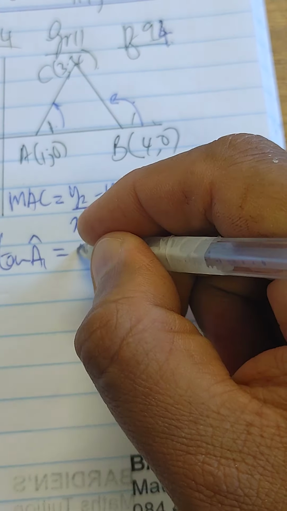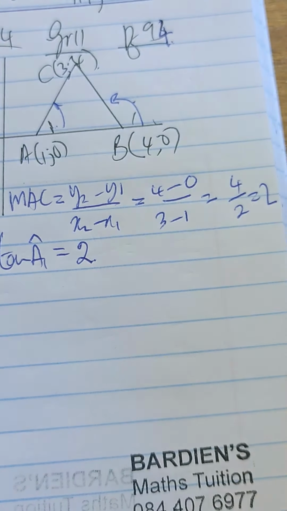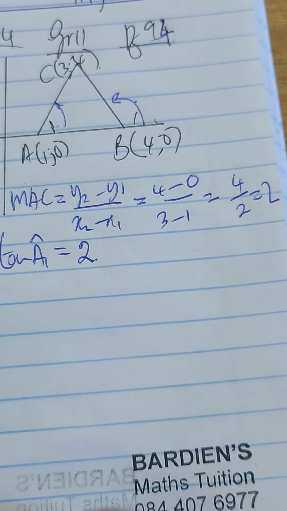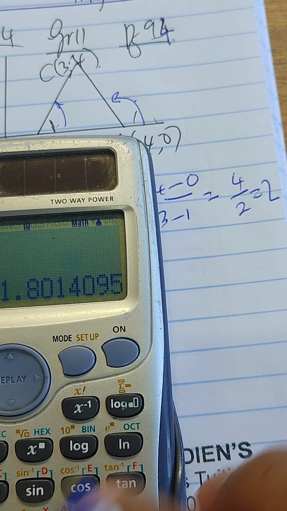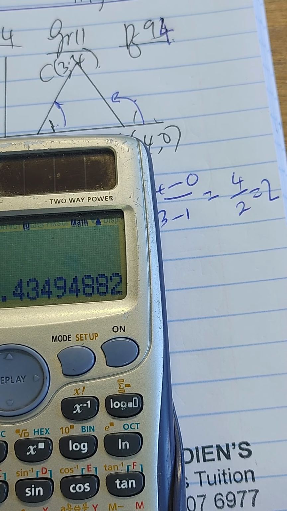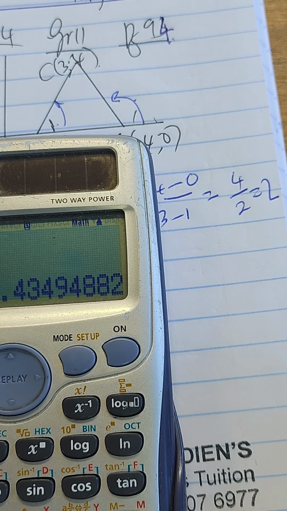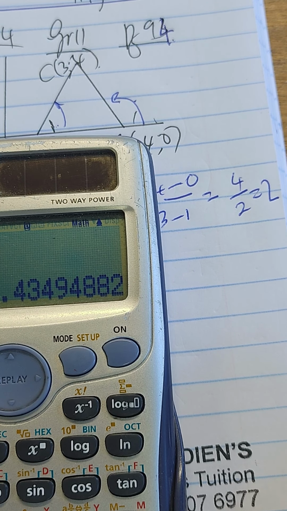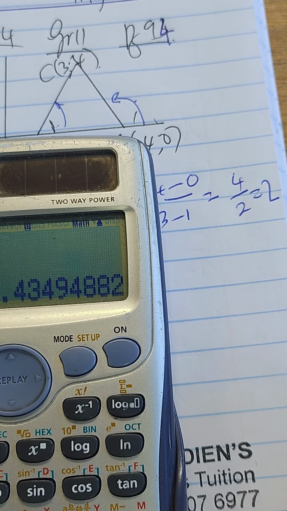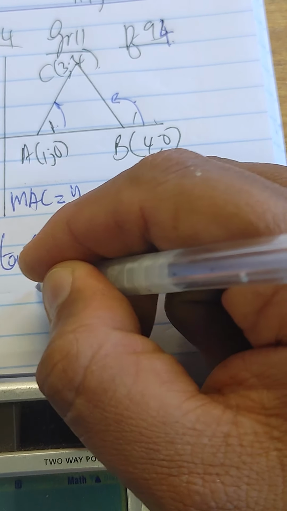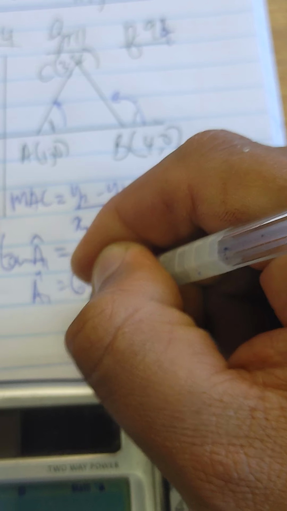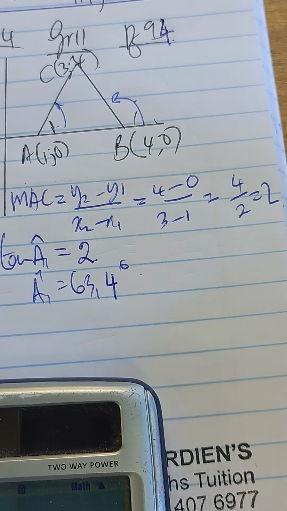So now to calculate the size of angle A1, tan of A1 is equal to the gradient of that line, which is 2. So arctan of 2 is 63.4. I would assume they would want you to work to one decimal place. So your angle A1 is going to be 63.4 degrees.